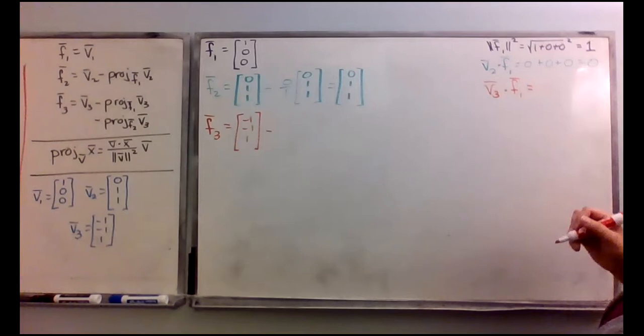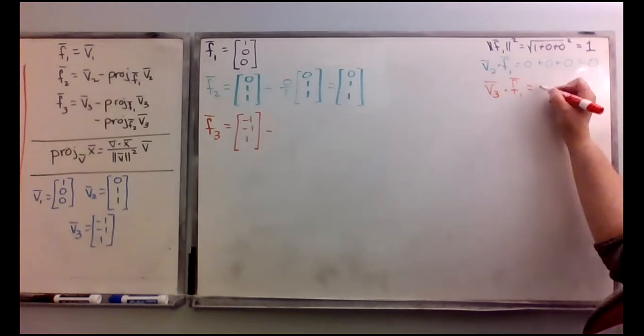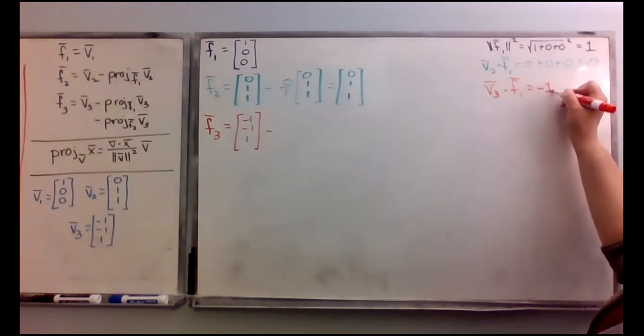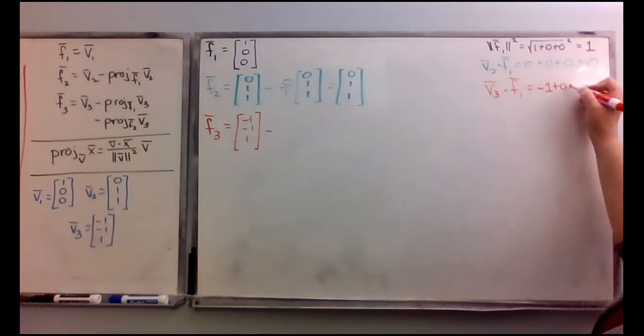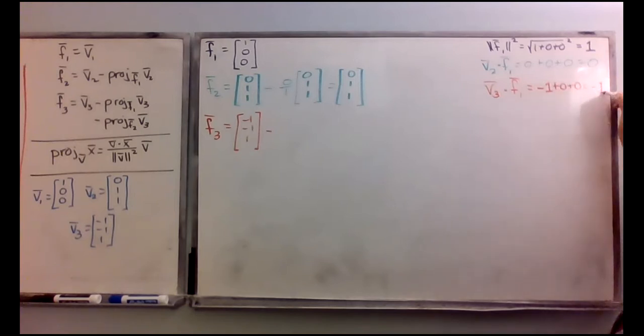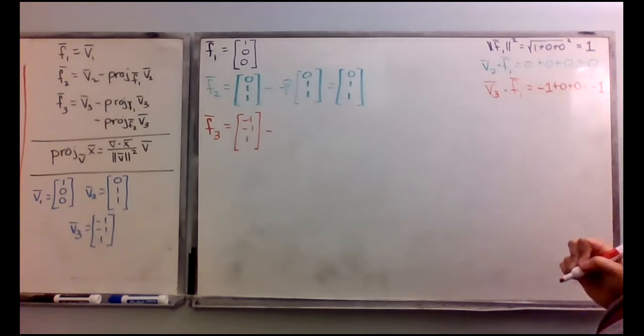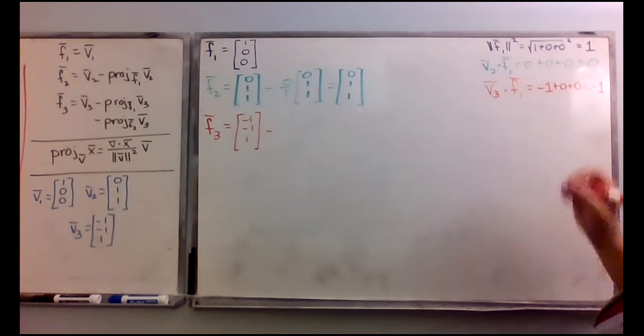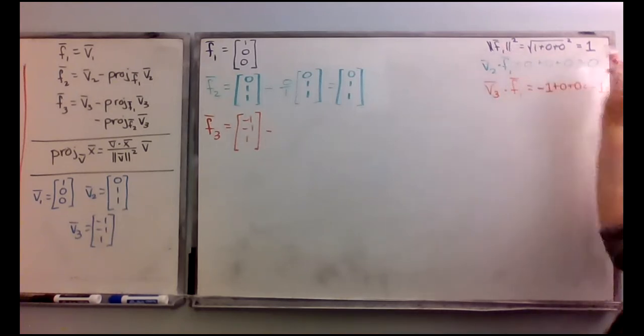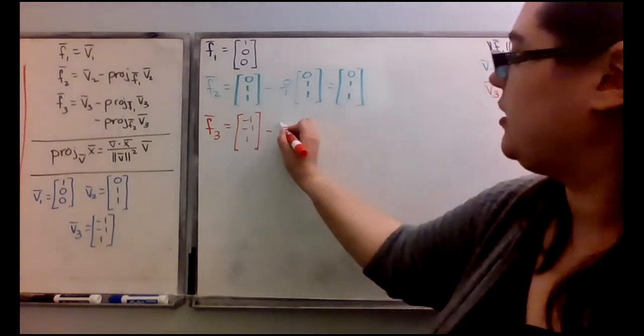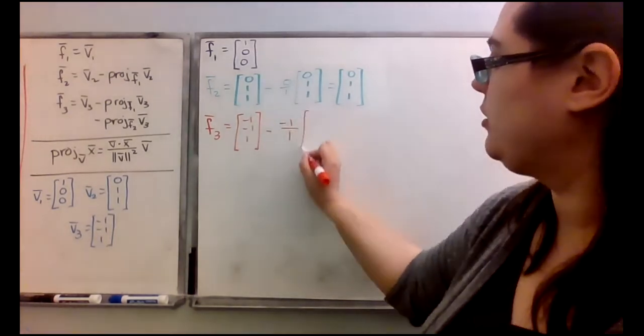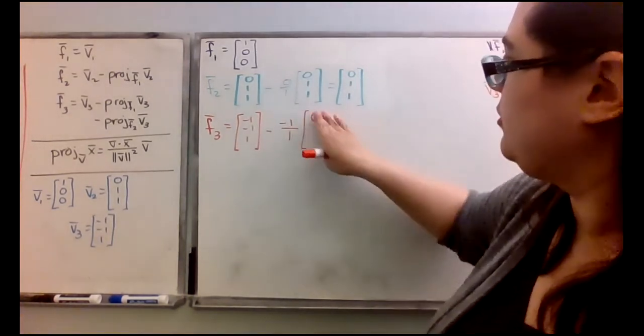That's going to be not 0 this time. That's going to be -1 plus 0 plus 0, which is -1. I'm also going to need the norm of F1, which I've already found. So that's 1. So I'm going to get -1 over 1 times F1.